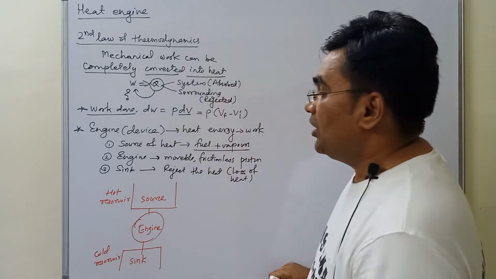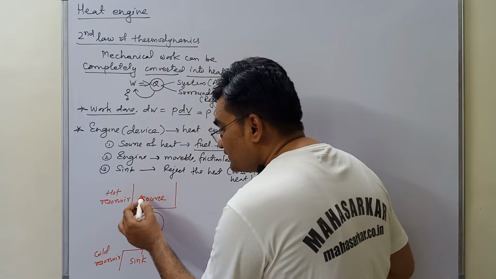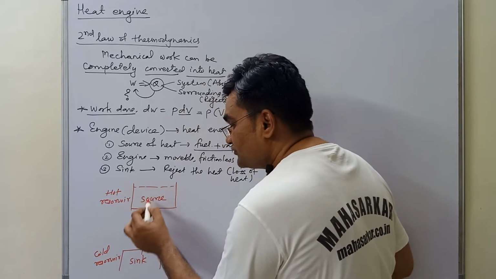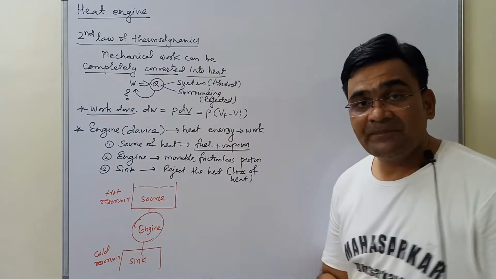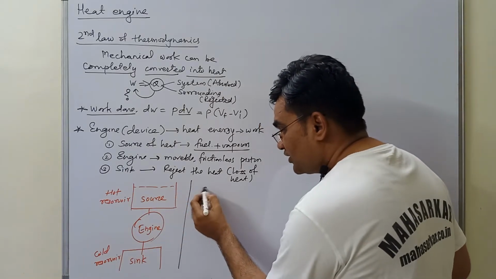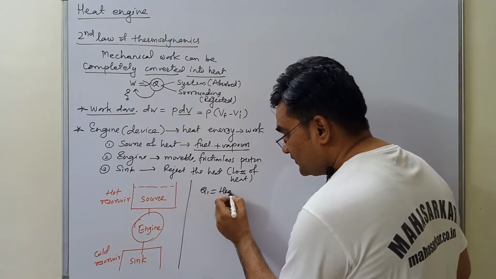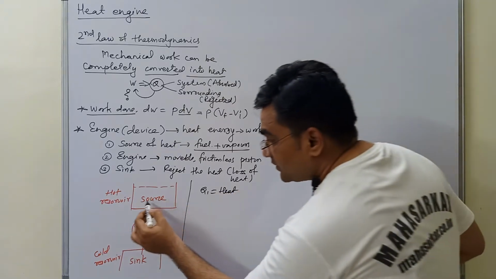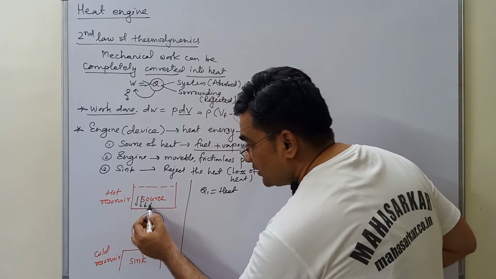Okay. Hot reservoir is going to produce the heat and that heat is going to be sent to the engine. Okay. See now, suppose Q1 is the heat produced in this source.